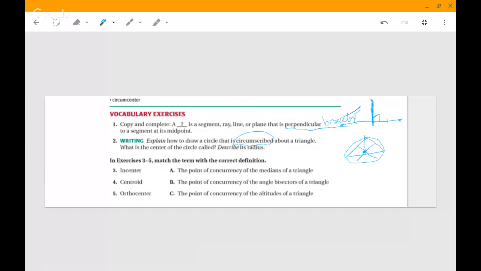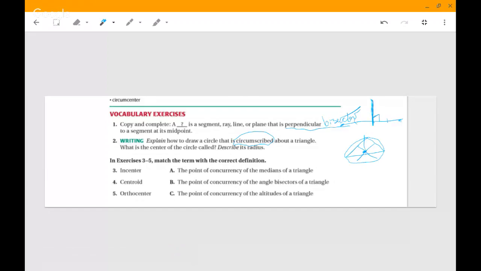Wait, what was the radius? Sorry, let me get a different color. The radius of a circle goes from the center to the side, right? Yes, ma'am. So each of these vertices is touching the side of the circle. So the radius is going to go from the center to the vertex of those.